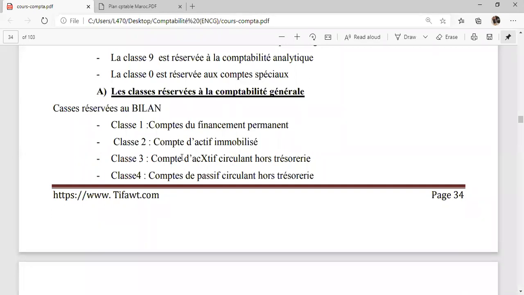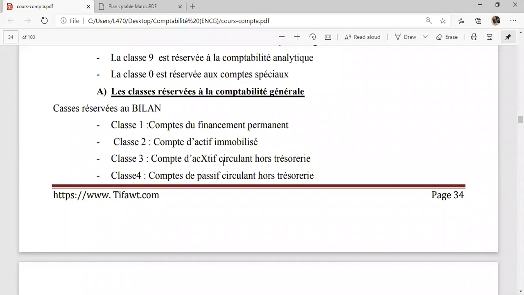Then we have class 3, which is compte d'actifs circulants, haut de bilan. These are current assets, which are brought into a business for the main purpose of resale. Then we have class 4, which is compte passif circulant.